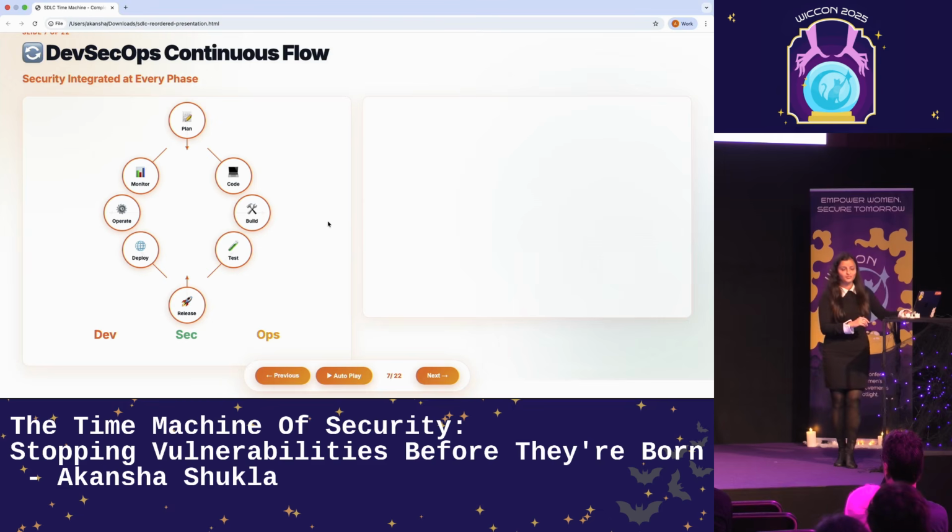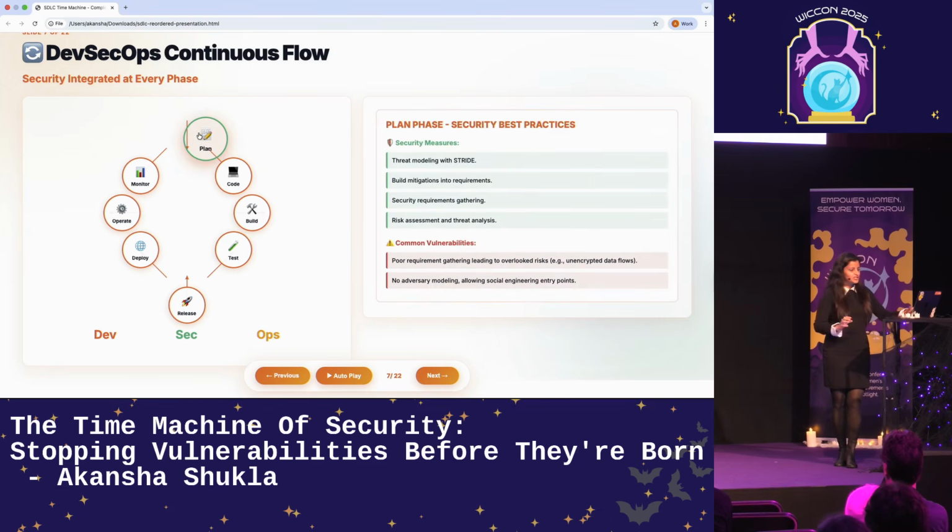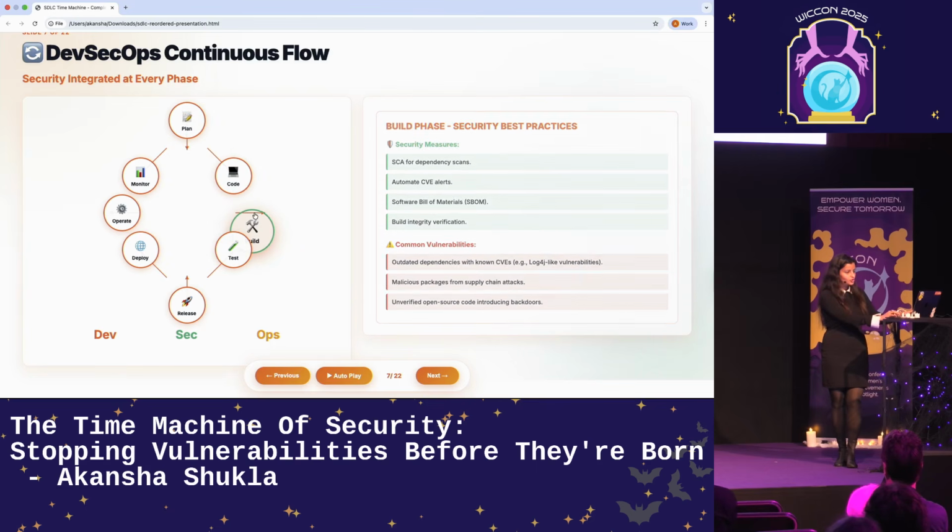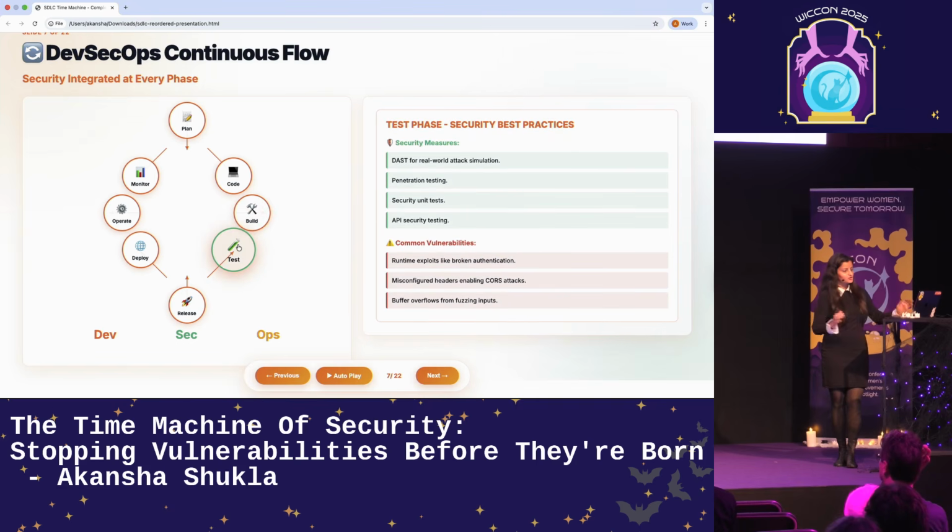I have a very nice picture later after this slide, so be patient. Each phase has its own security measures. If you go to code, build, test, every phase has some common vulnerabilities and some security measures. I will explain later how you do it.